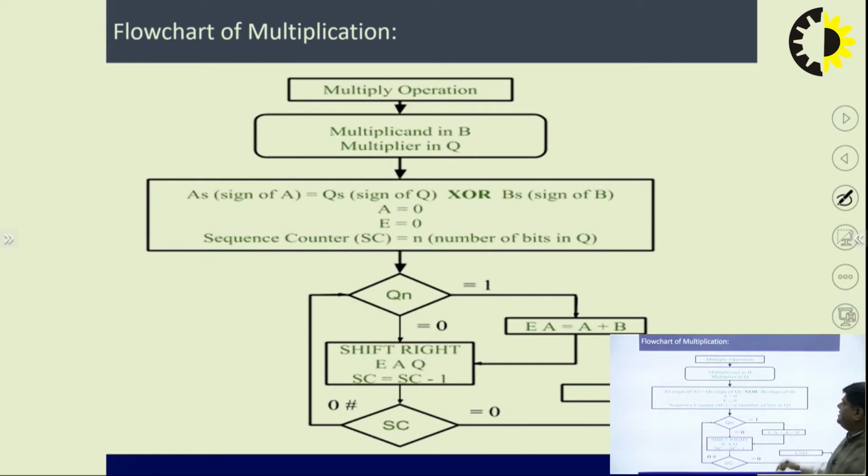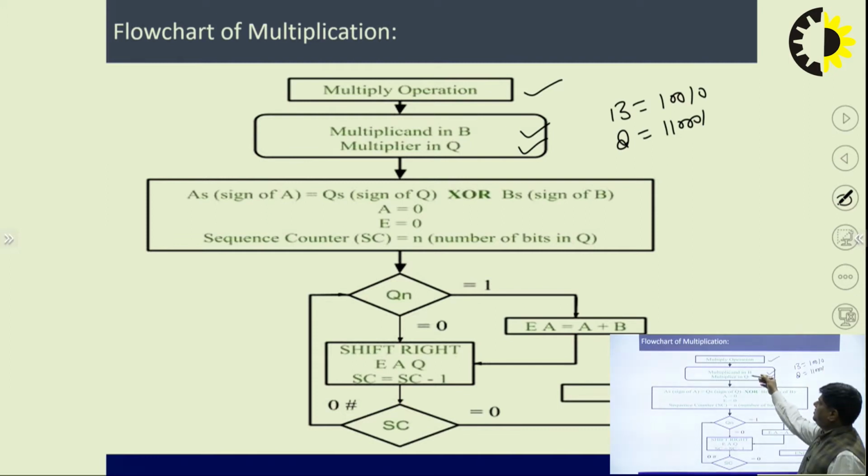Here from the start, multiplicand and multiplier. We assume this is the multiplicand and this is the multiplier. B and Q: the multiplicand and multiplier are stored in B and Q. Now in starting, A tends to 0, but the length of bits of A depends upon the length of bits of the multiplicand or the multiplier.